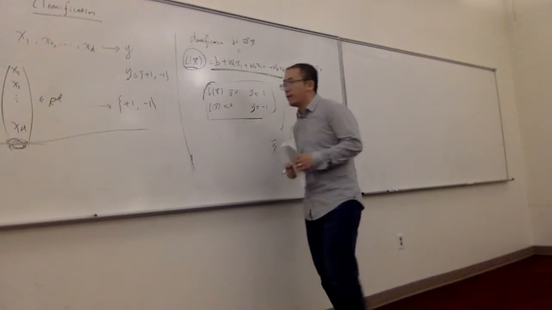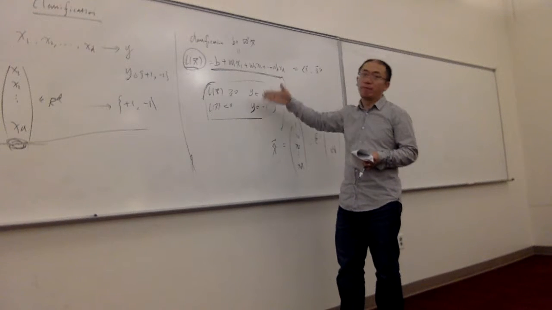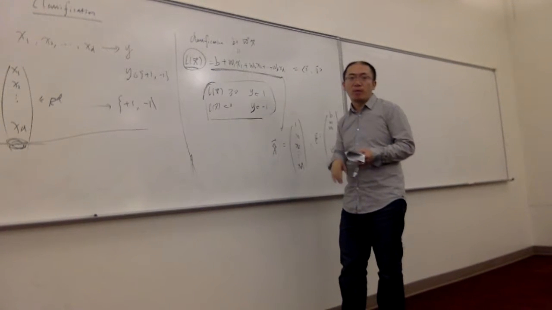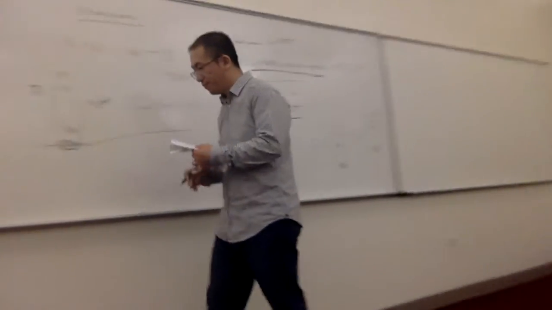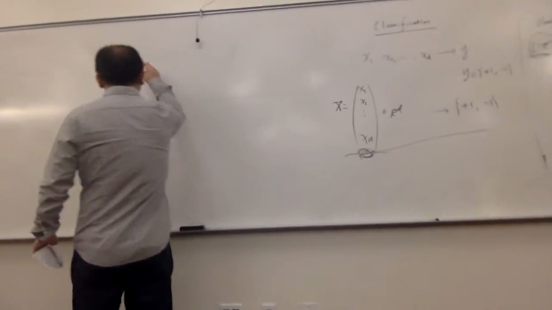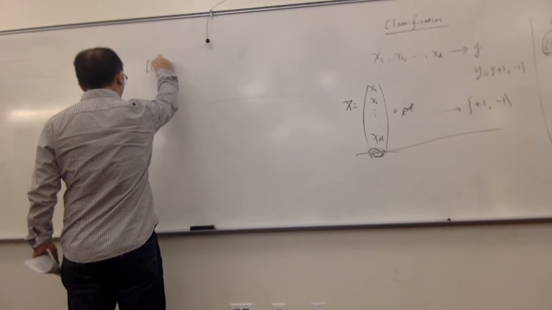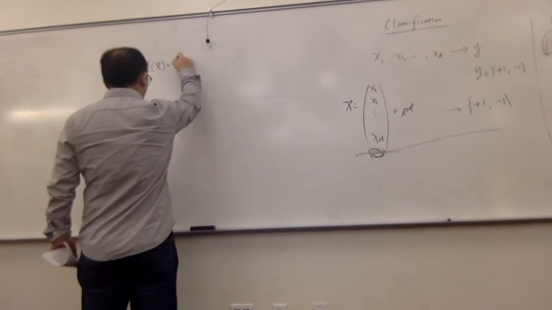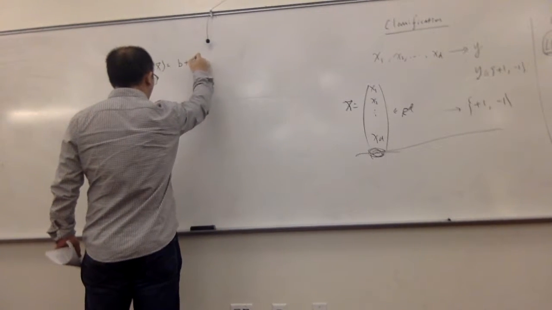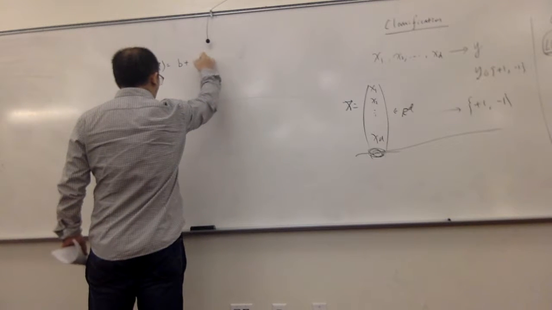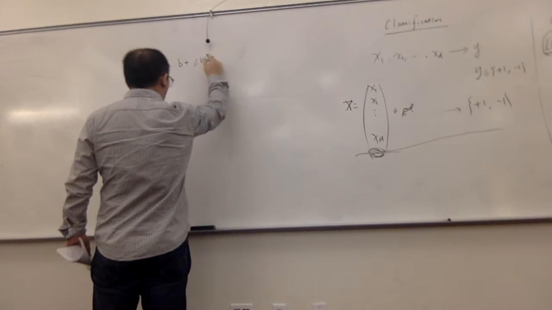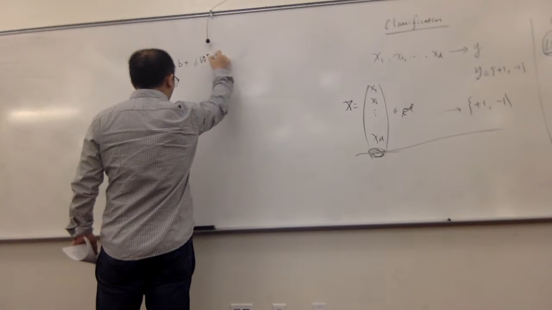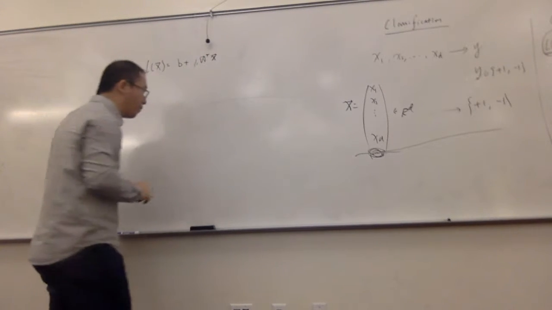So now let us look at several important geometric properties of linear classification. Here L(x) is simply an intercept plus the inner product between the weight vector and the feature vector.